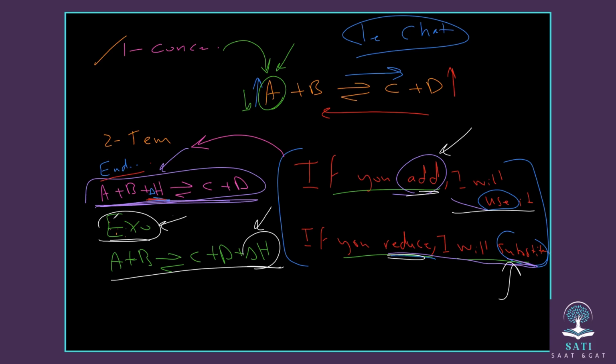Now we said the factors that affect the equilibrium state or position are concentration, temperature, pressure, and volume. We understand now how concentration and temperature change the position or direction of the equilibrium. We're going to understand now how pressure and volume change the equilibrium.